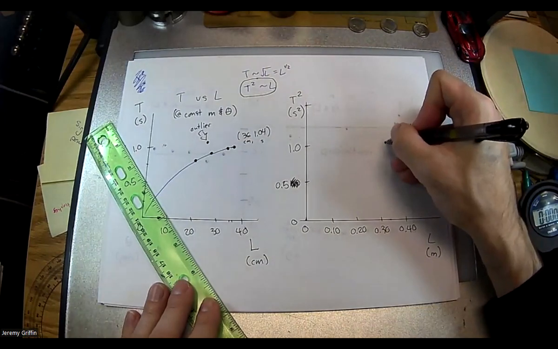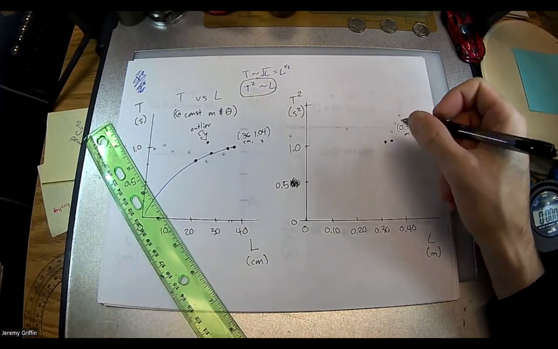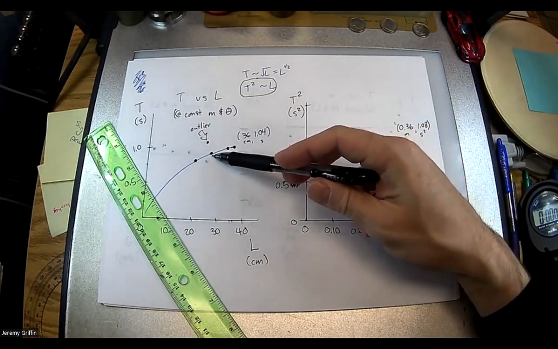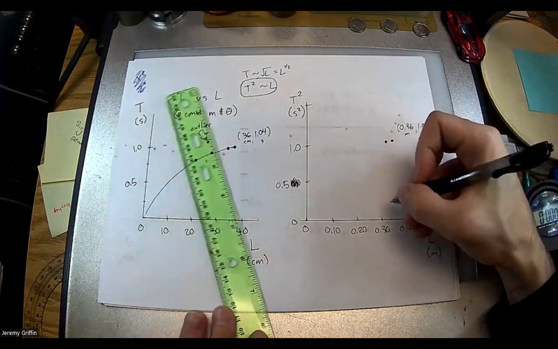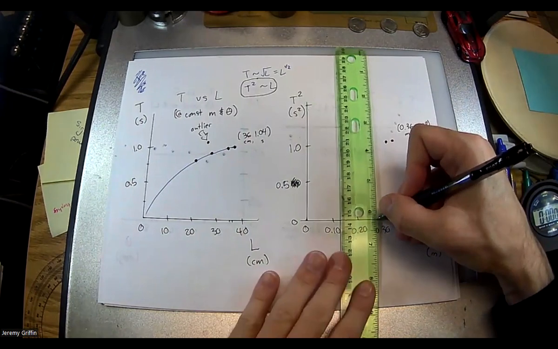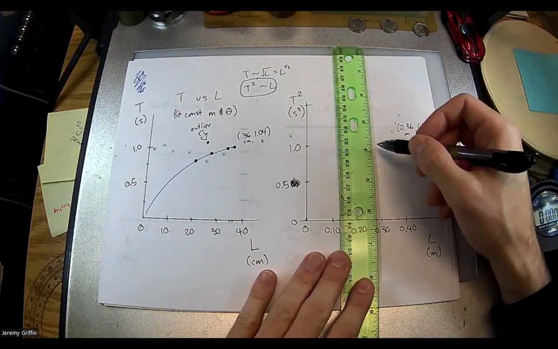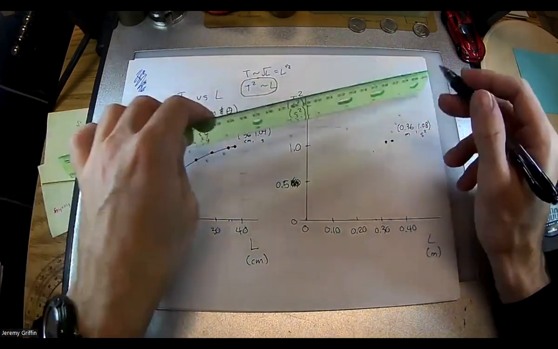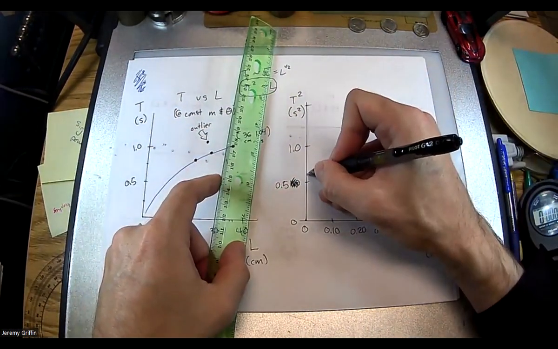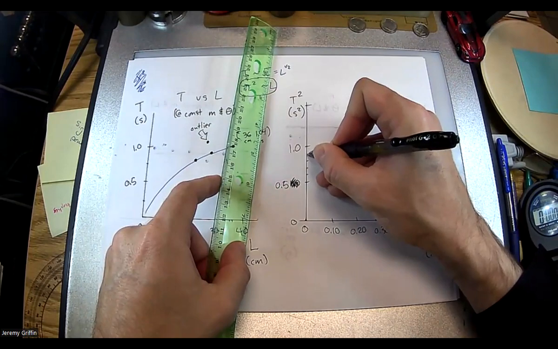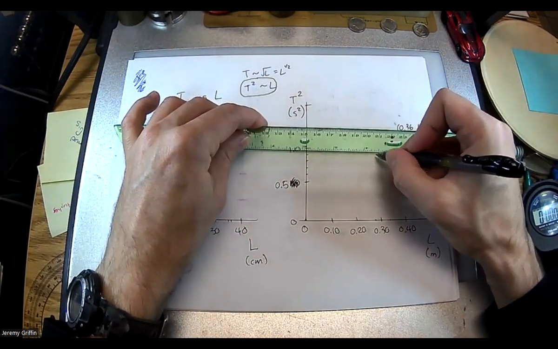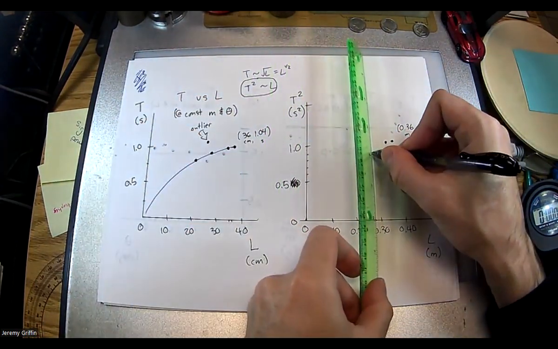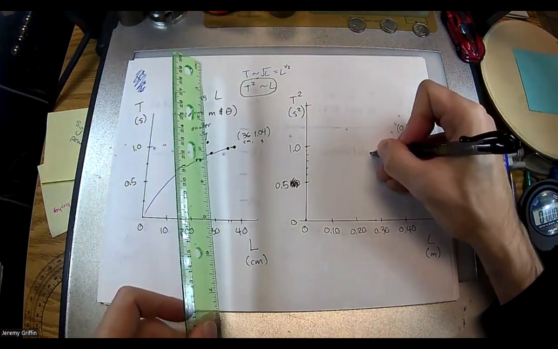Okay, so that's just a shade less than that one. So we're right about there. Then how long was this one? 28 centimeters. And if you square the time, what do you get? 0.94. It's right about there.